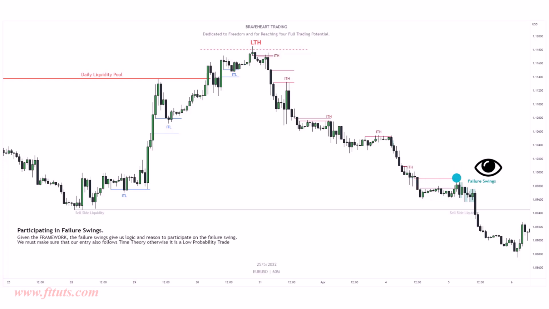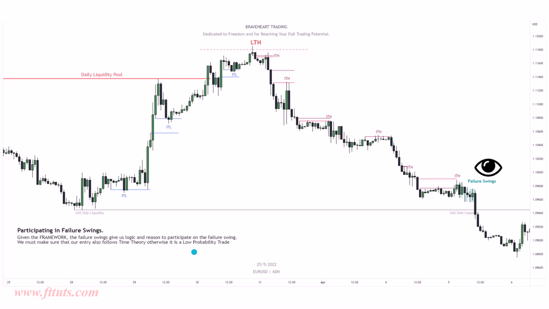We expect that to be an intermediate term high. So if we did retrace, we're going to take action on that. Where can we target? Clean lows here. We must make sure that our entry on the short-term perspective also follows time theory. Otherwise, it's a low probability trade.